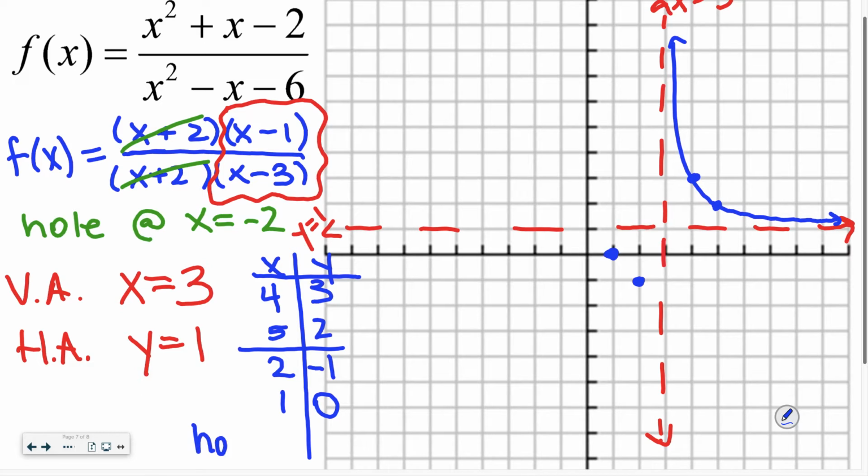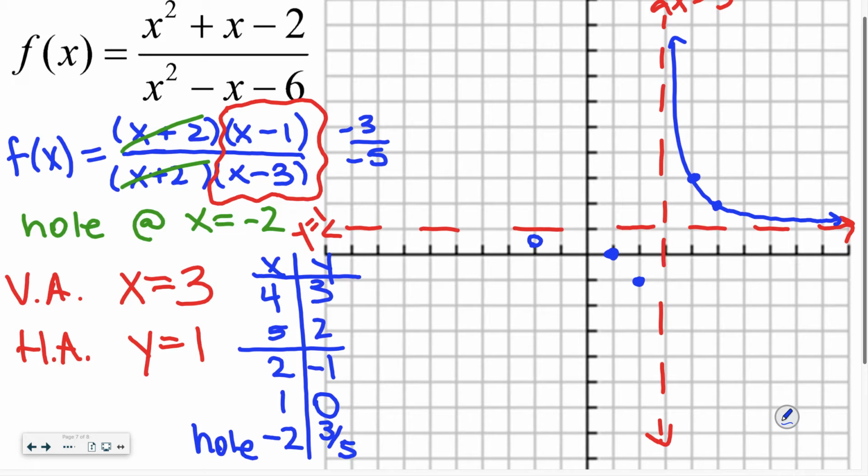Our hole, and I'm going to label it in my graph so I don't forget about it, is at -2. So -2 minus 1 over -2 minus 3. Our hole occurs at -2, and when I plug in, we get a y value of 3/5.